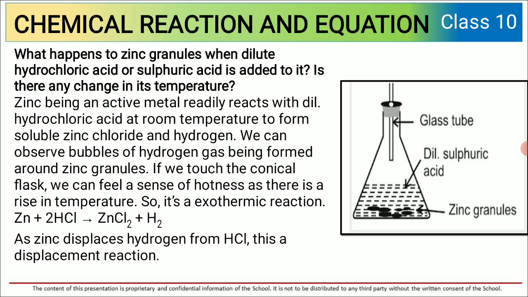So when the reaction takes place, bubbles of hydrogen gas are formed over there. If we touch the conical flask, we can feel a sense of hotness as there is a rise in temperature. So it's an exothermic reaction.